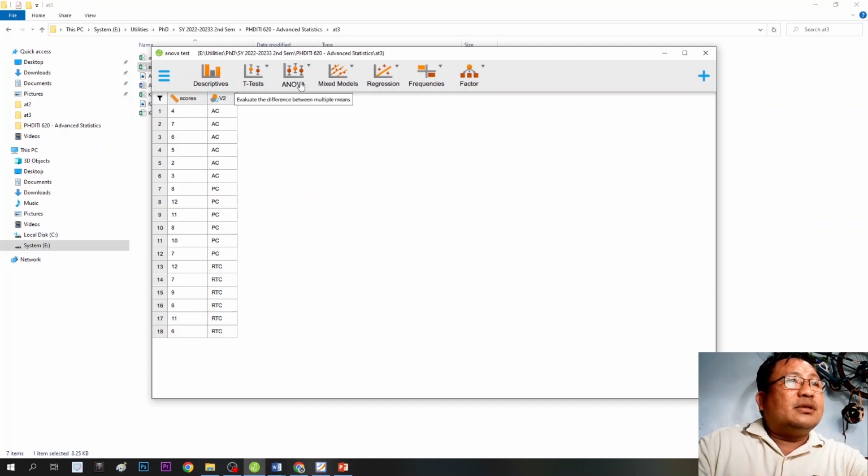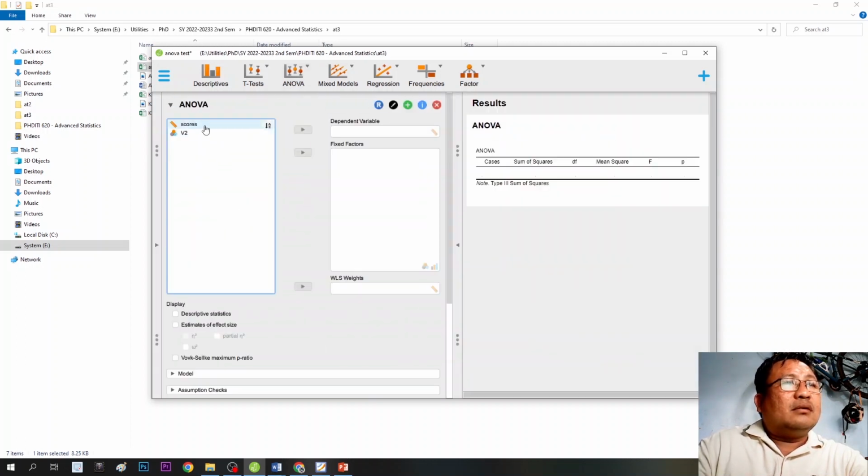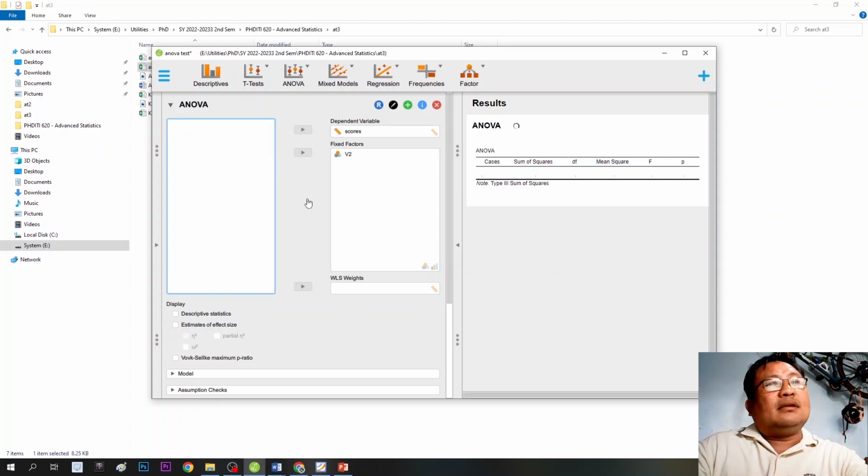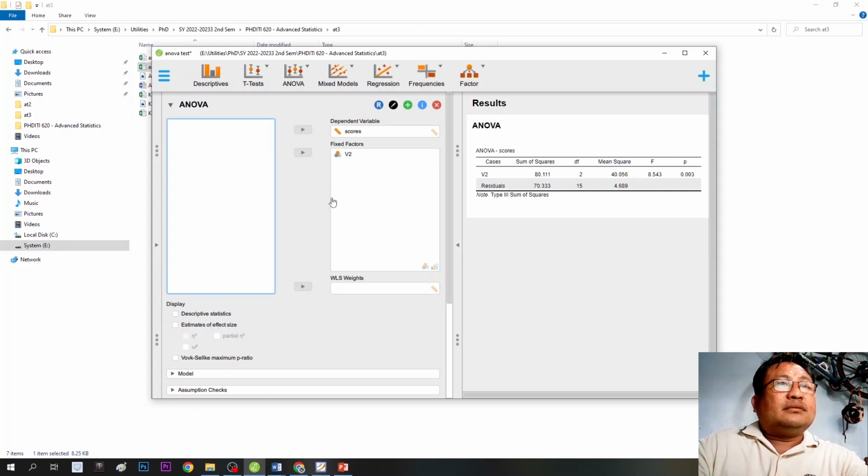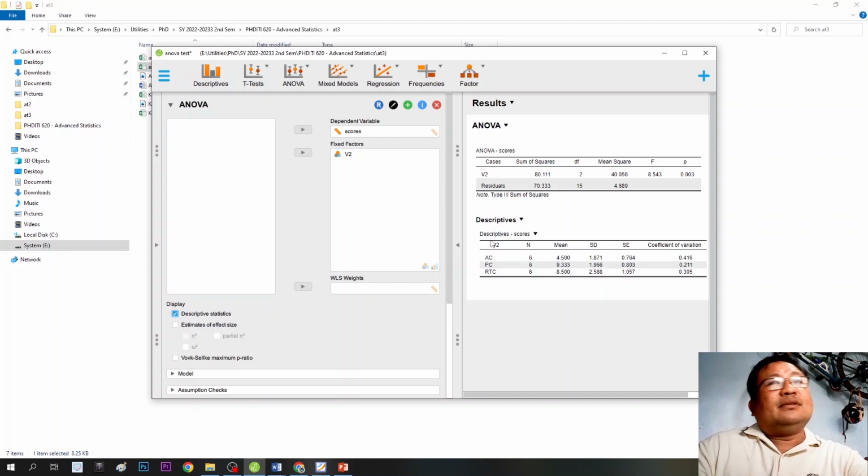So we use ANOVA for the analysis. We will add also descriptives here.